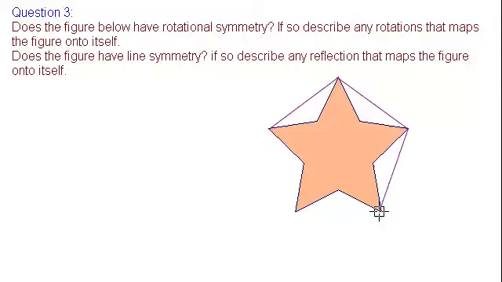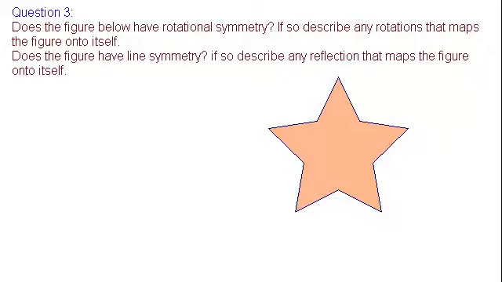And we have learned that a regular polygon has rotational symmetry as well as line symmetry. So since this is a regular pentagon, it has to have rotational symmetry. So let us work it out.